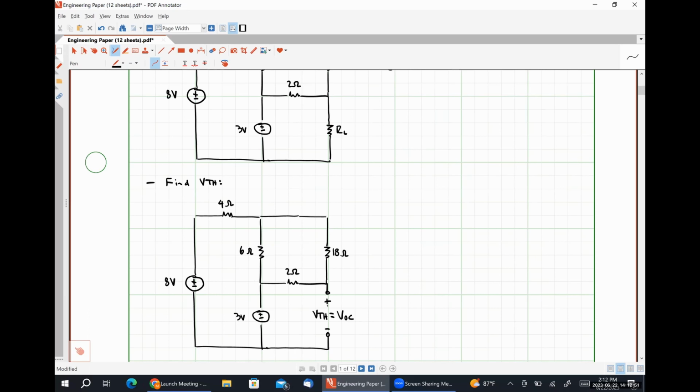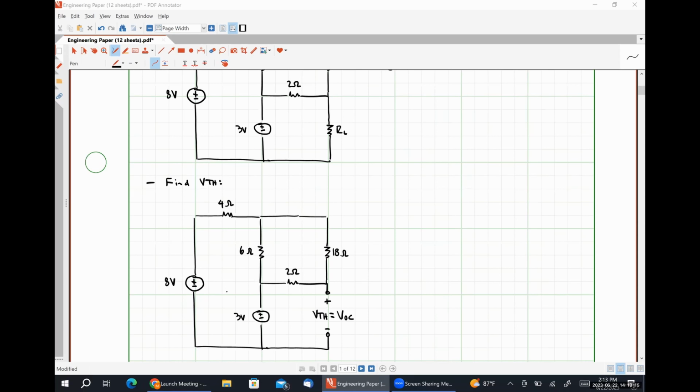So do you guys have any particular preference as to whether we do nodal analysis or mesh analysis for this? I think mesh would be a little bit easier. Okay, so let's take a crack at this with mesh then.